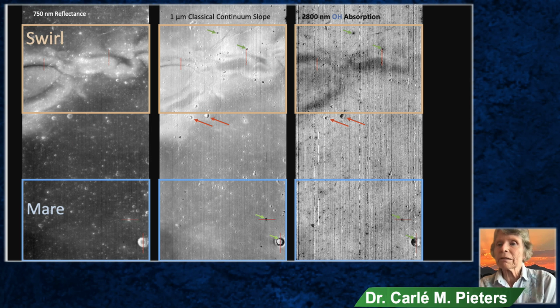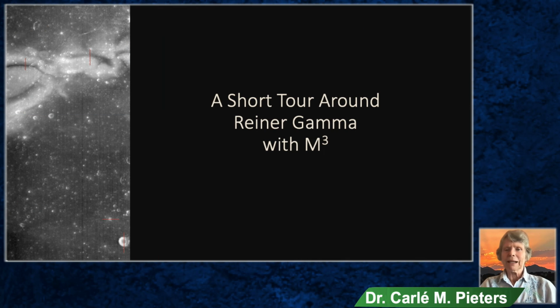What I'd like to illustrate here is that the shape of what we see in that neck part is comparable to what we see in the OH neck, which argues that it's associated with the magnetic environment. Next slide. Okay. There we have a quick tour around Reiner Gamma with M3.